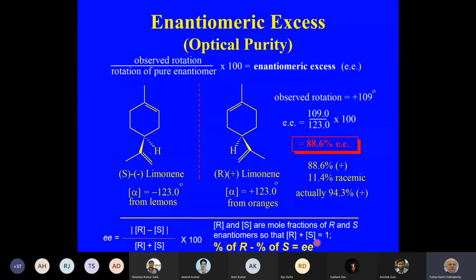That means one of the isomers is present in pure form at 80%, and the remainder is racemic. So remember this, how we determine the enantiomeric excess of a sample.